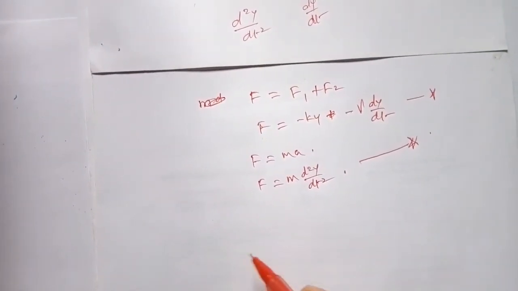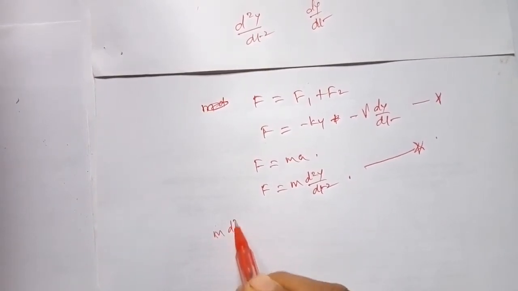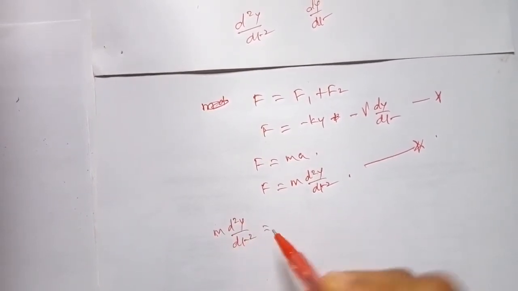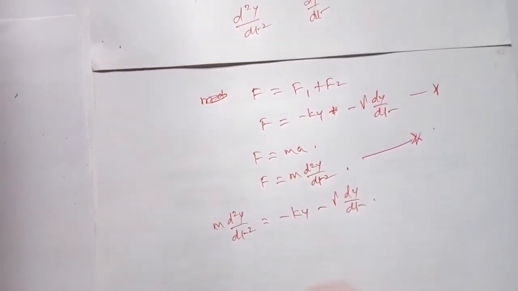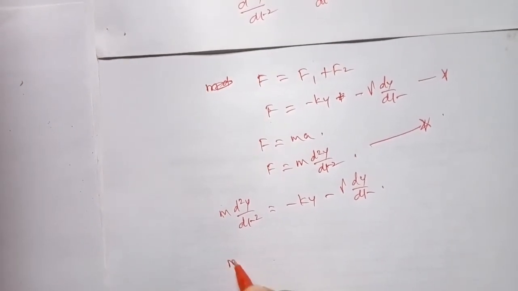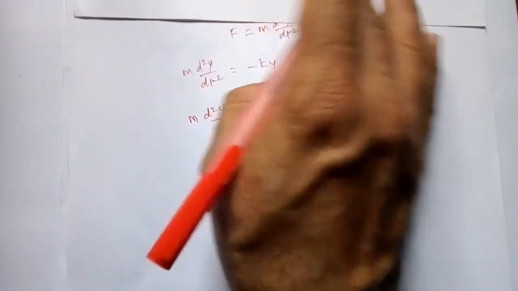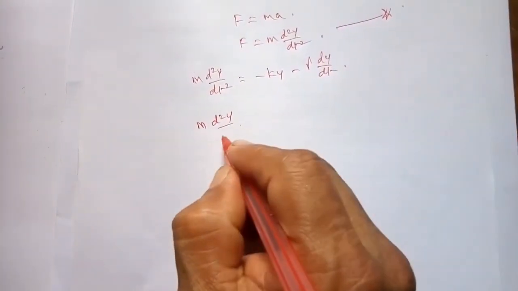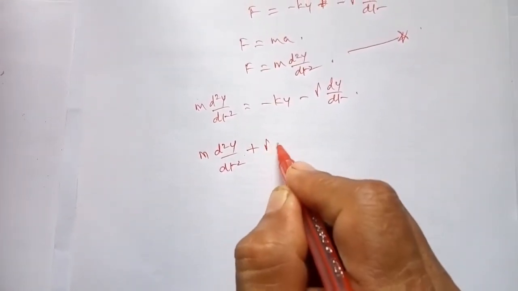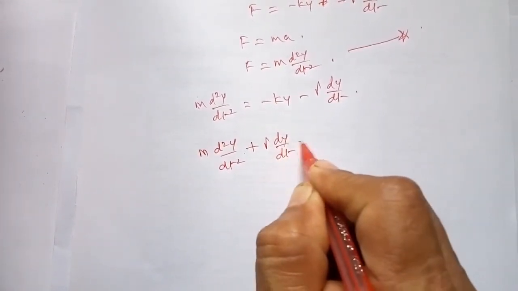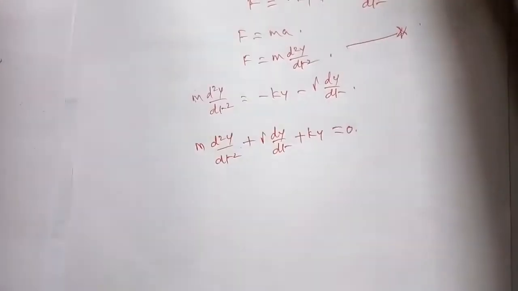Combining the force equations, you get m d square y by dt square is equal to minus ky minus gamma dy by dt. On rewriting, m d square y by dt square plus gamma dy by dt plus ky is equal to 0.